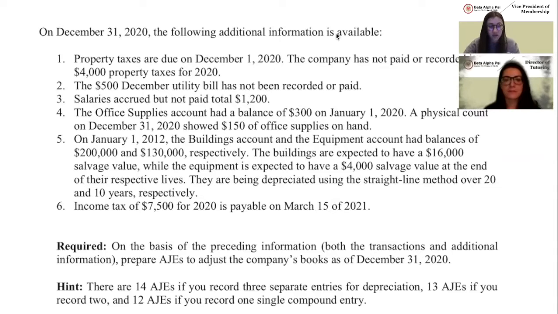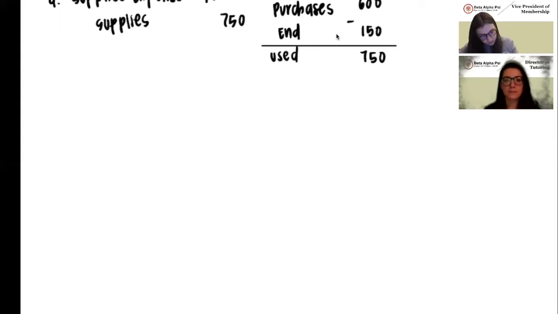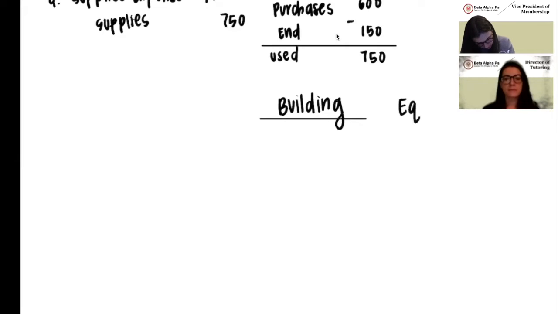So the adjusting journal entry for depreciation is going to be a debit to depreciation expense and a credit to accumulated depreciation. But first we need to figure out what these amounts are. So we'll break it down by building and equipment, and then we'll figure out what the journal entry is from there. So first we have the building. And our equipment.